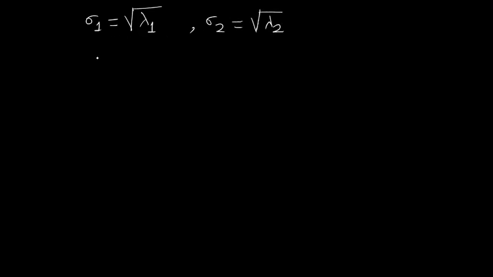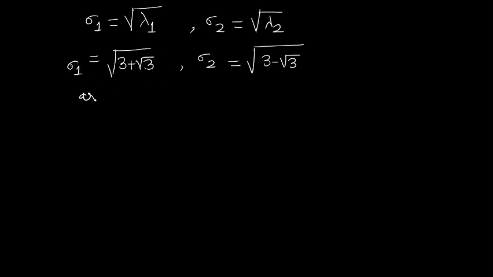So like this we get sigma 1 as under root of 3 plus root 3 and sigma 2 as under root of 3 minus root 3. Remember, whenever we get an eigenvalue as 0, it need not be counted as a singular value. So these are the only required singular values.